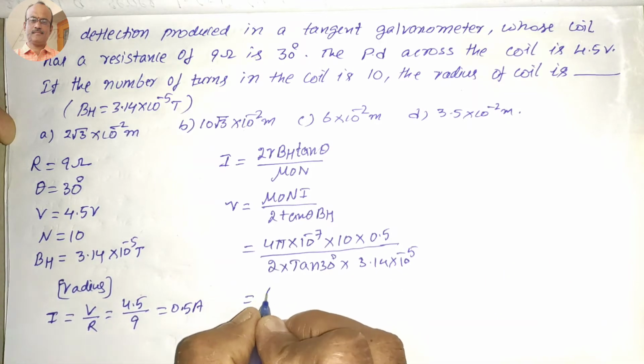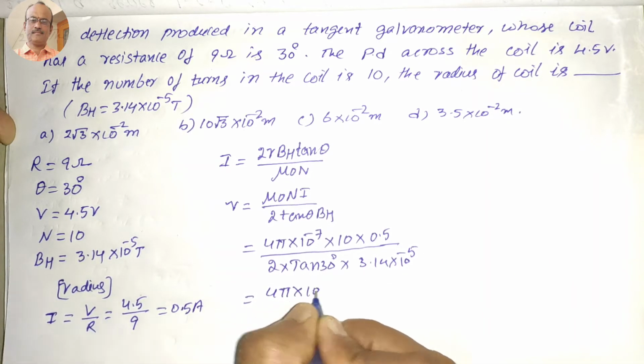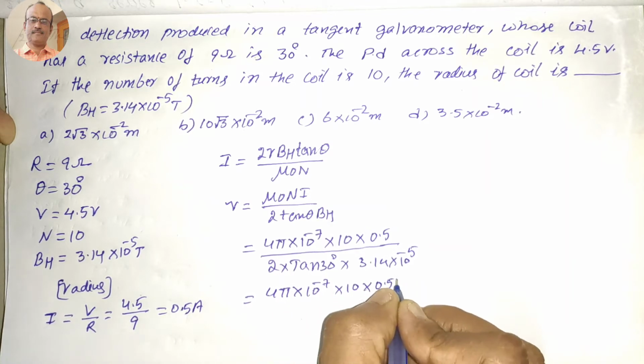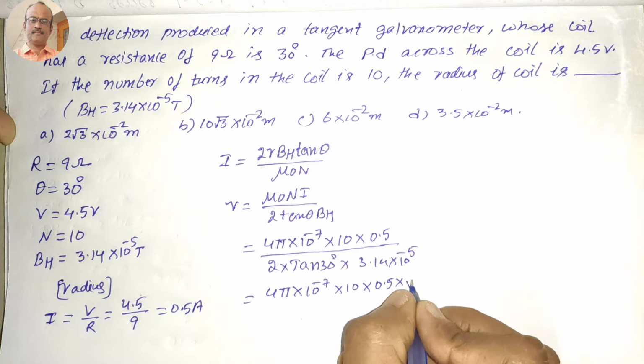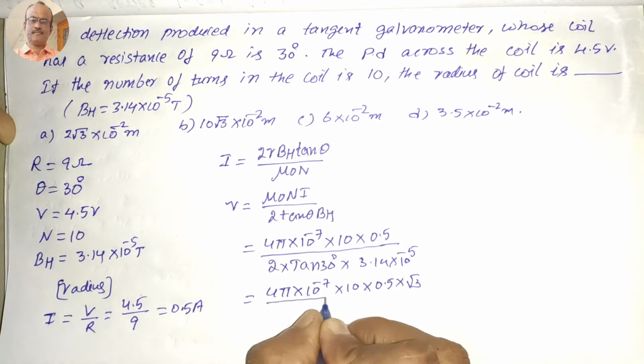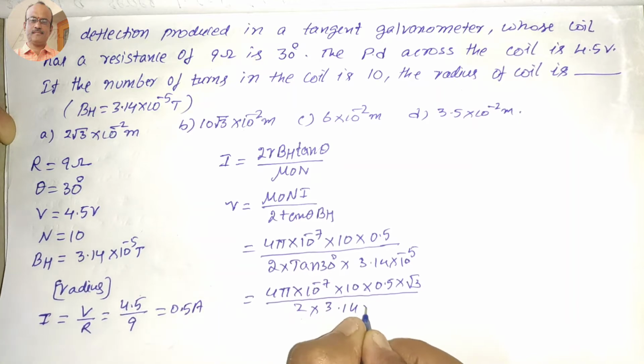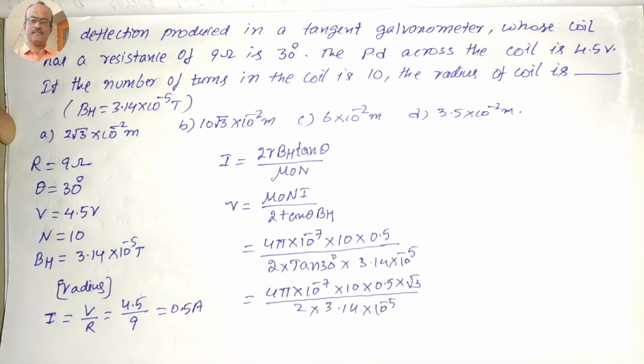So 4 pi into 10 to the power of minus 7 into 10 into 0.5, tan 30 is 1 by root 3, multiplied with root 3, divided by 2 into 3.14 into 10 to the power of minus 5.